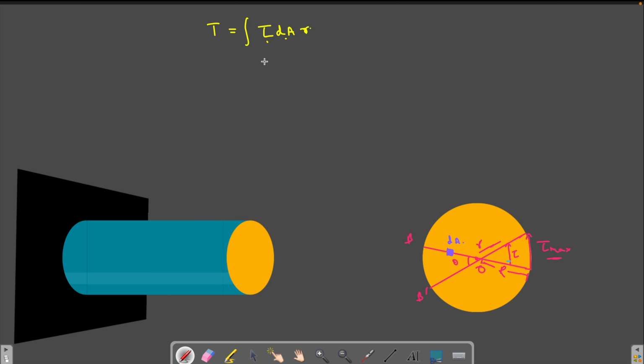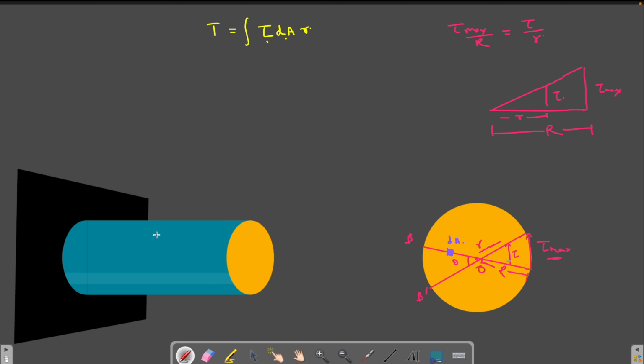Now look here, from similar triangles we can say that in this figure, suppose this is tau max. I'm drawing it again. This is tau max. This is the center of the circle. This is tau. This is small r, and this distance is capital R. Now from similar triangles we can say that tau max by capital R is same as tau by small r.